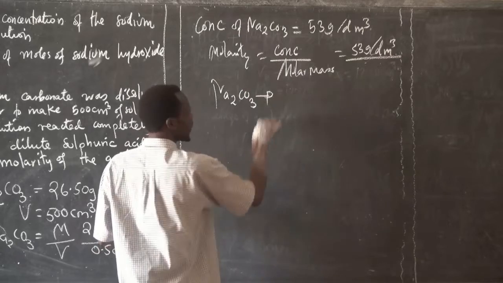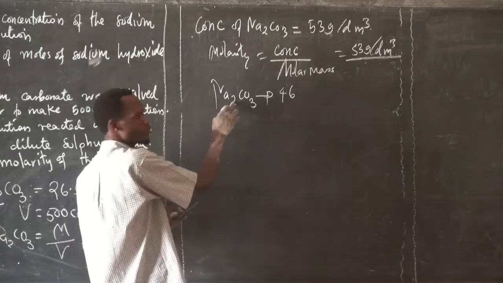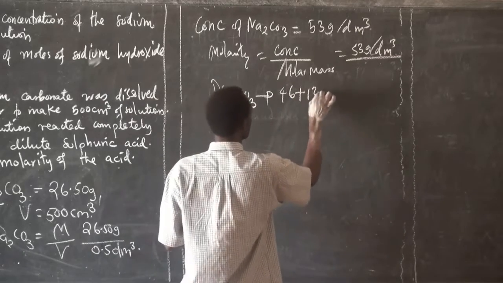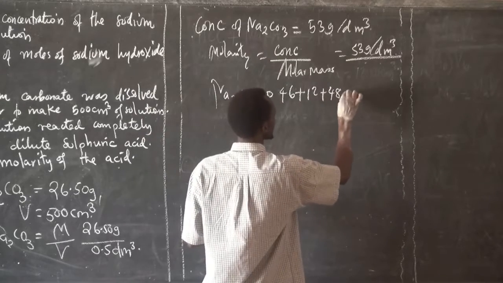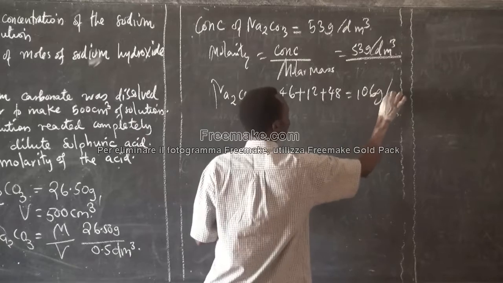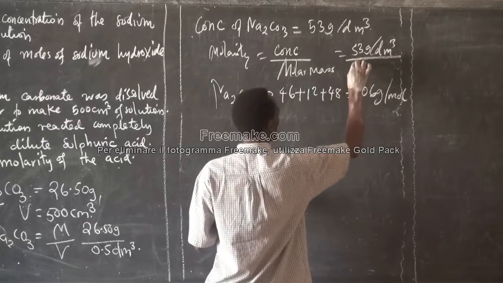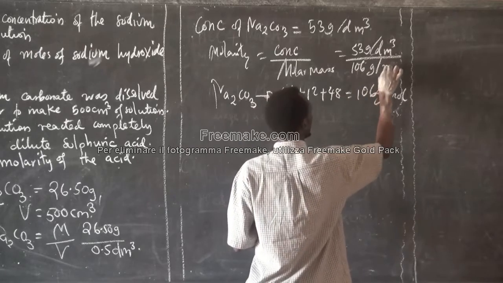The molar mass of sodium carbonate is 23 times 2 plus 12 plus 16 times 3, that is 46 plus 12 plus 48, which is equal to 106 grams per mole.